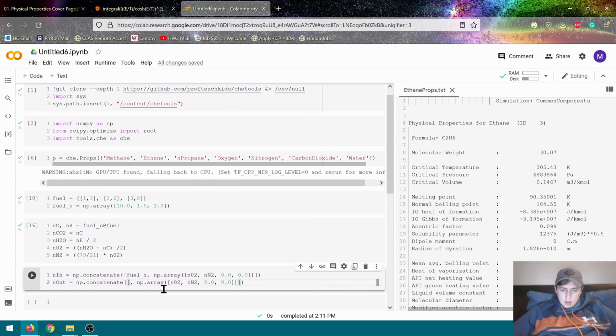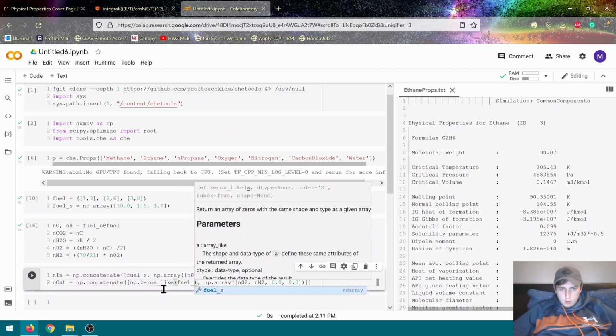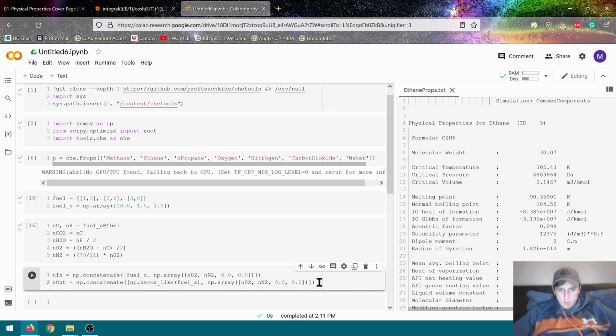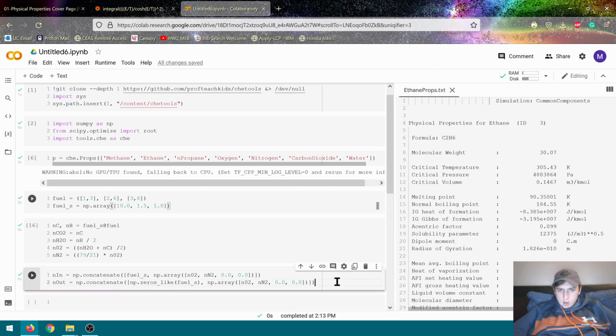So in order to do that, we're going to say np.zeros_like fuel_S. Okay, that looks good. See if I made any errors, and none so far.